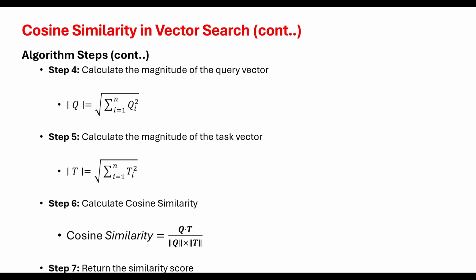Finally, the similarity score is returned and tasks are ranked based on this value. The tasks with the highest similarity score are displayed to the user as the most relevant search results. This approach enables semantic search, allowing users to find relevant tasks even when the search query does not contain the exact word stored in the database.